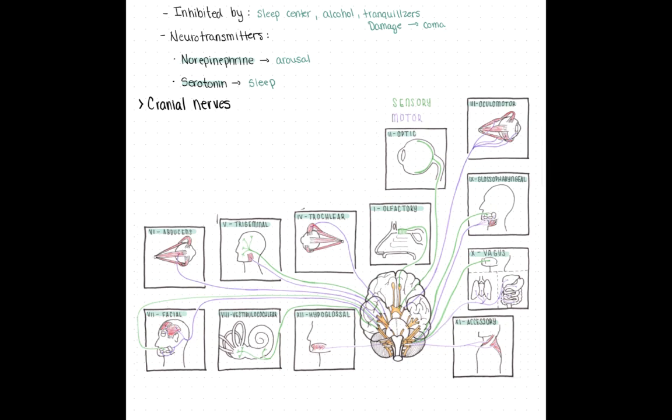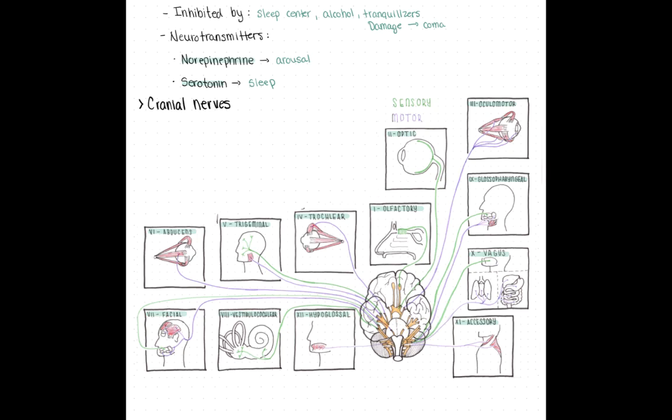Let's start with cranial nerve number 1. On this picture, here's number 1, the olfactory nerve. When you see green, green means it's a sensory nerve, and purple means it's a motor nerve. So olfactory is going to be sensory information. It's up here just above the nasal cavity.